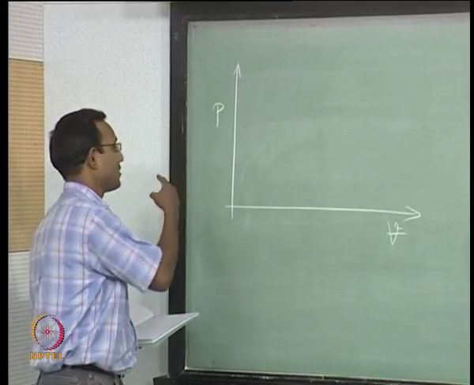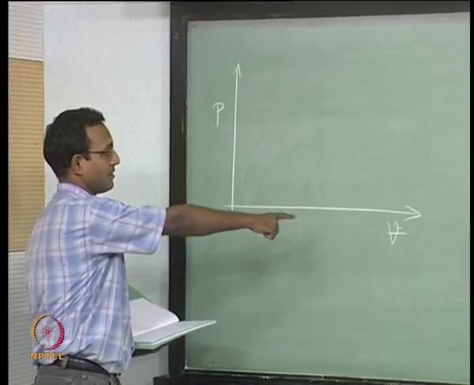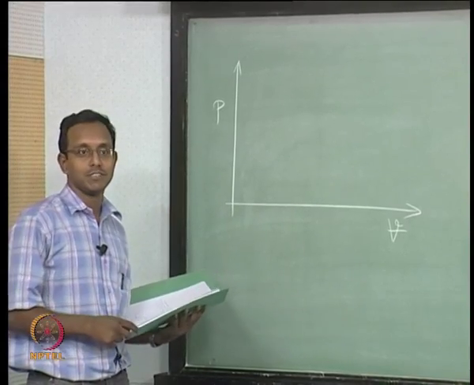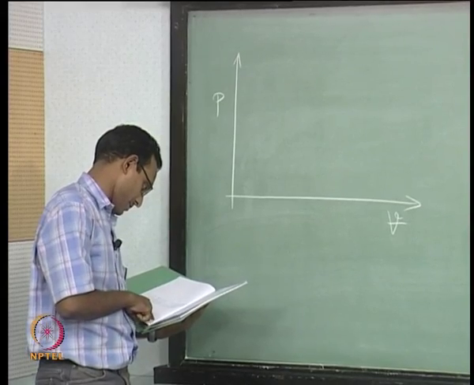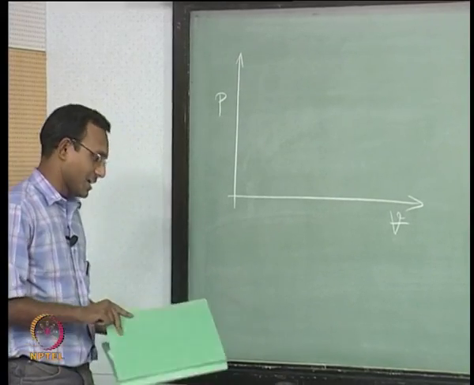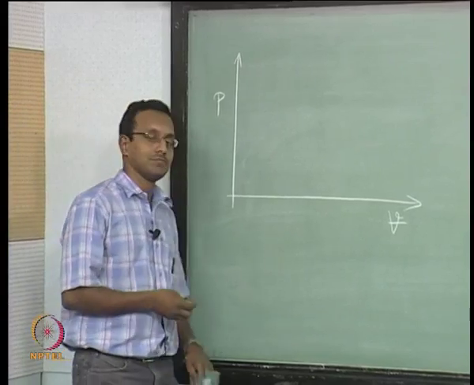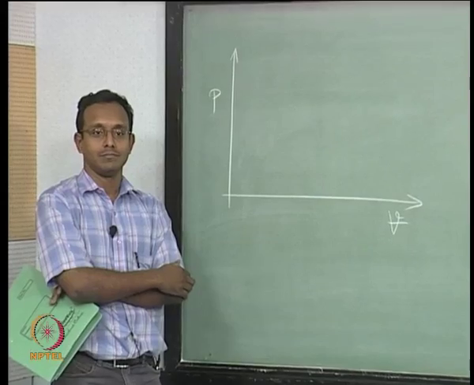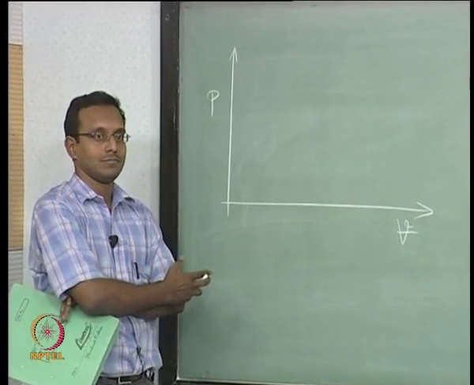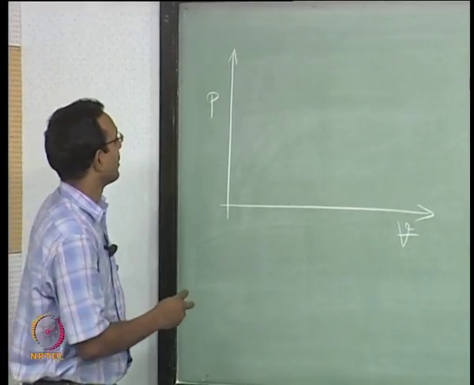I am picking pressure and volume right now. I am using volume per unit mass, specific volume. Okay. And now here let us say we will start with constant temperature process. How will that look like? It will be a hyperbola.